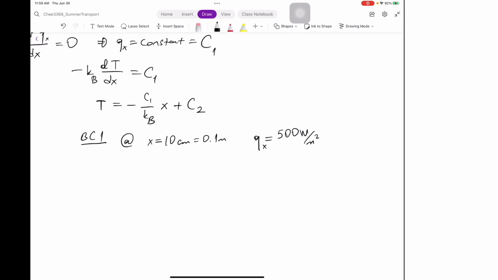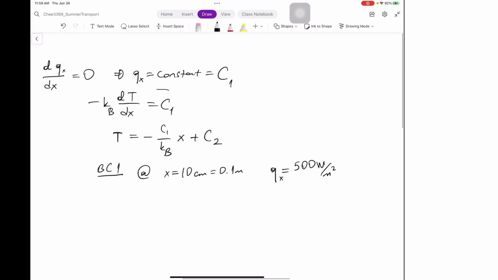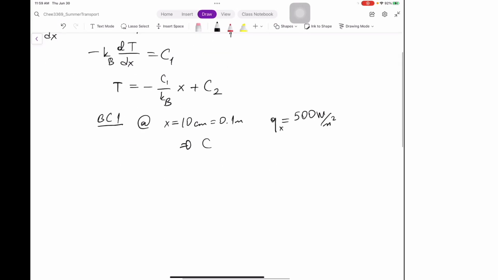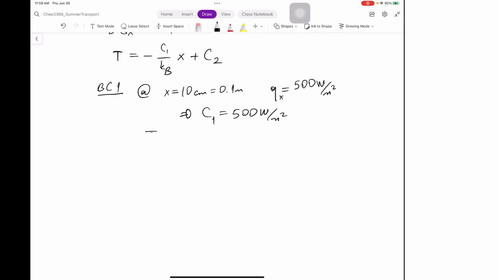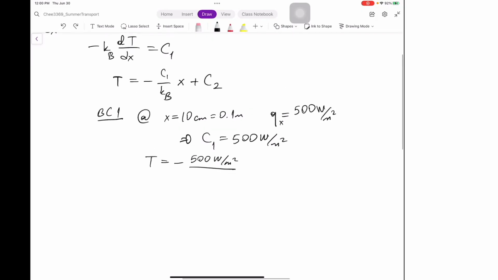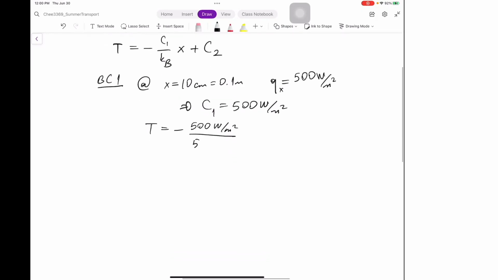But it was constant, so from Qx is equal to C1, we find that C1 is equal to 500 watt per meter squared. So your temperature equation looks like the following: 500 watts per meter squared divided by KB, and the KB is given, I guess, as 5 watt per meter Kelvin, times X plus C2.